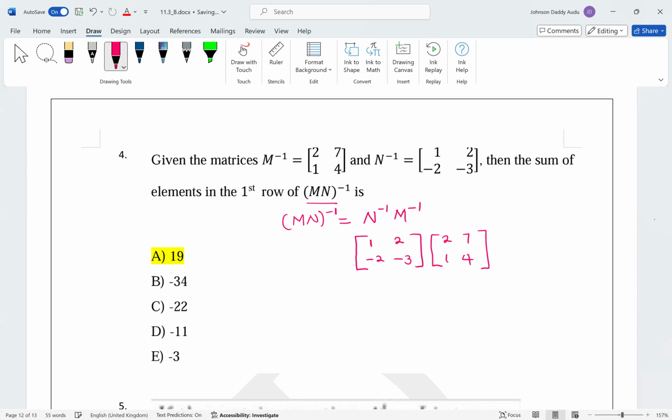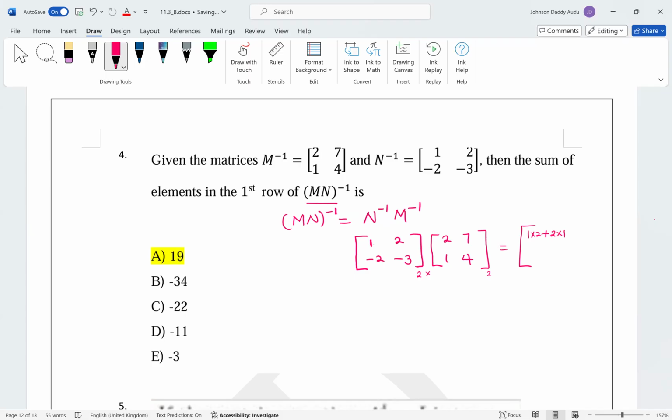Now you're looking for the sum of the elements in the first row. This is a 2 by 2 multiplied by a 2 by 2, so the result is also going to be 2 by 2. But you're interested in only the first row, though you can decide to just do all of it. So it's going to be 1 times 2 plus 2 times 1, that will be the first element here.